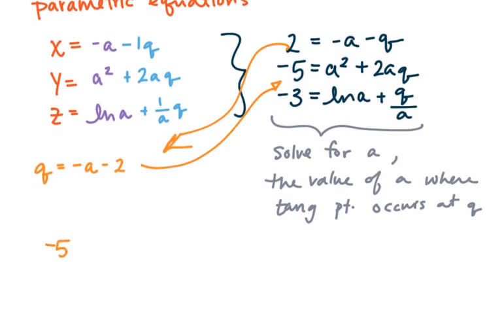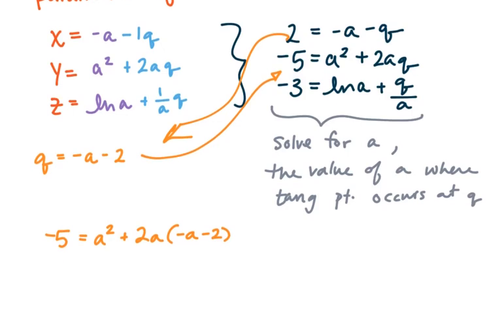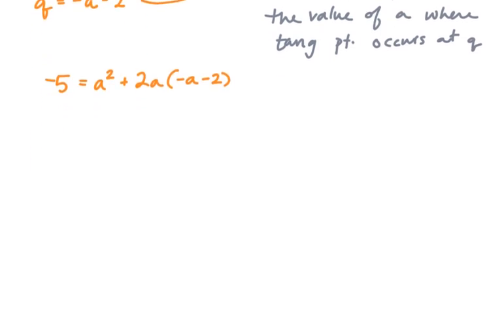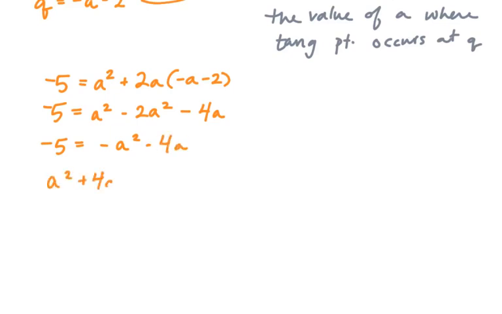So now I have negative 5 equals a squared plus 2a times negative a minus 2. Simplifying, negative 5 equals a squared minus 2a squared minus 4a. Negative 5 equals negative a squared minus 4a, or rather a squared plus 4a minus 5 equals 0.